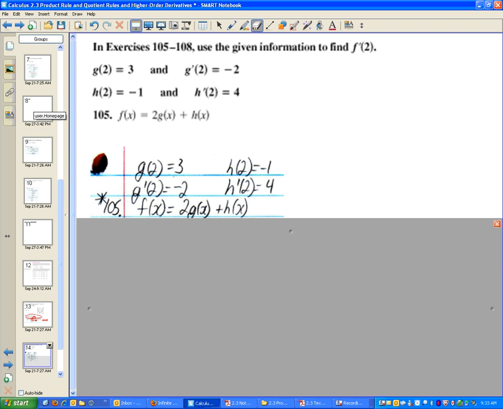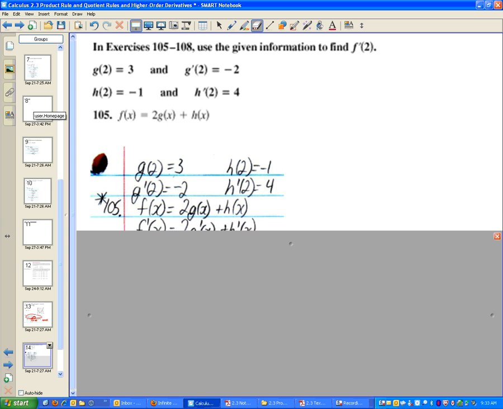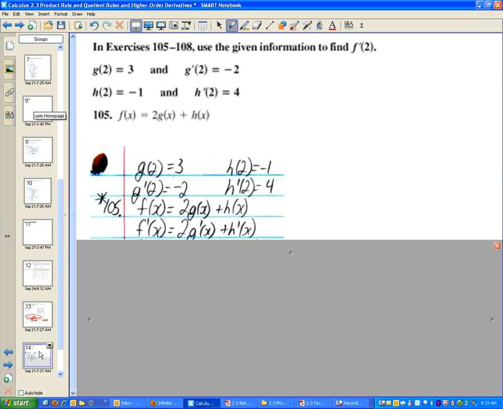If we're supposed to find f prime of 2, first we need to find f prime of x, don't we? So like we did back on 82, we're going to do it with just the symbols. We don't actually have to work out a calculation and simplify with all the stuff that we usually end up having to do. So f prime of x equals, well then to take the derivative of 2g of x, use the constant multiple rule.